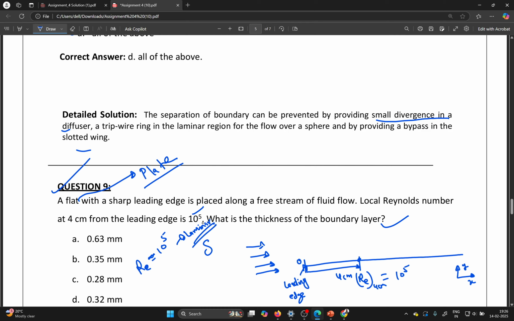Okay, so for the laminar case, your delta is related with the Reynolds number and the x distance. This is important. I think it is 5x divided by root Re. Let me just verify the formula.